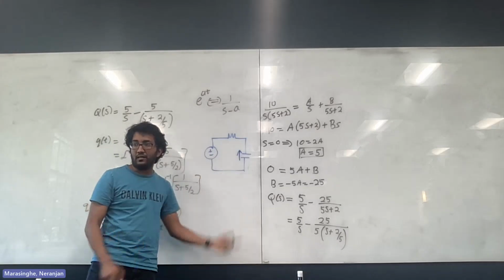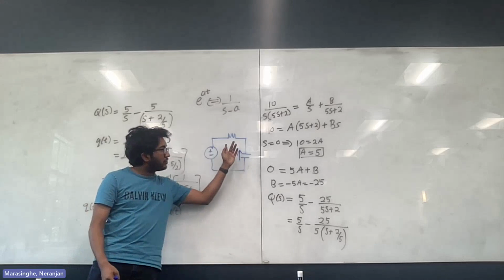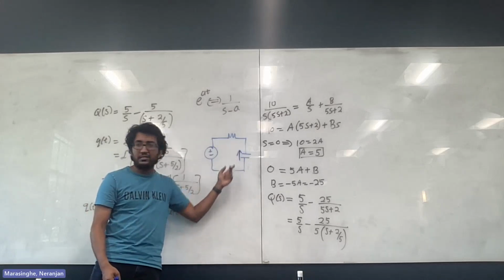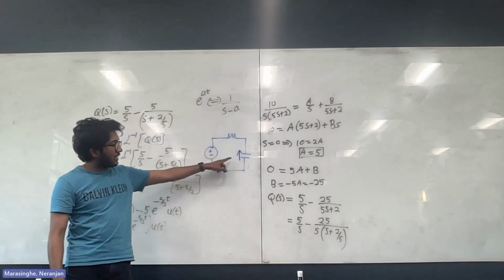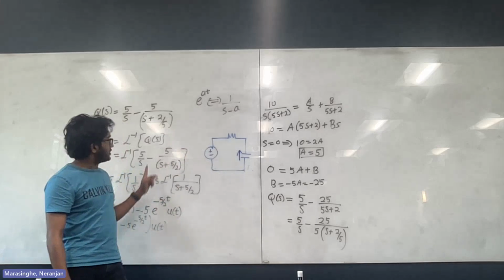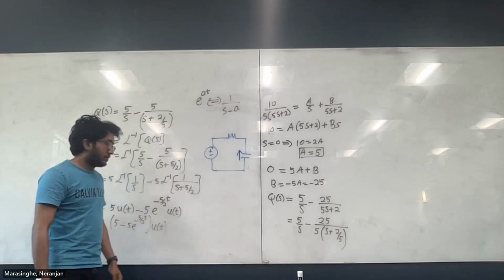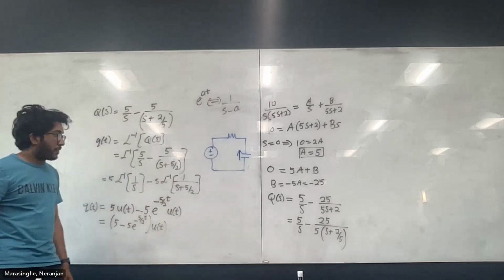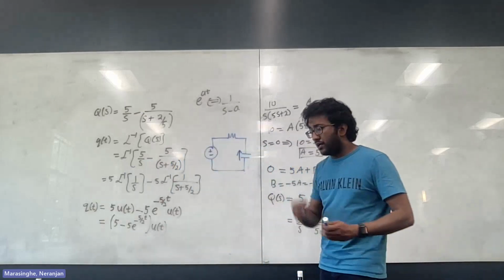After the capacitor is fully charged, there would not be any current through this circuit. That means this capacitor would charge up to the battery voltage. In this case, what was the voltage of the battery? 10 volts, right? Any questions about that one?